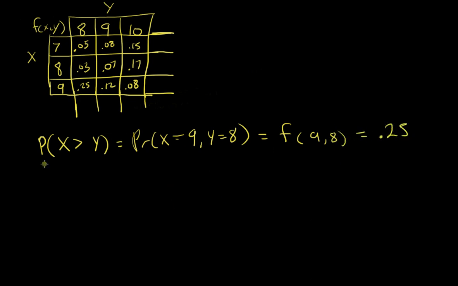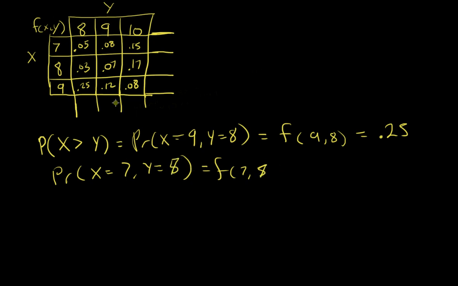Okay. Also, you know, what if I were to say, well, what is the probability x equals 7 and y equals 5, right? You just go straight to the table. That's f of 7, comma, not 5, sorry, 8. Y equals 8.